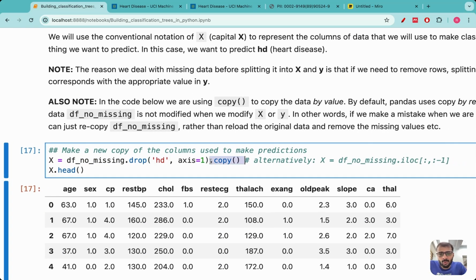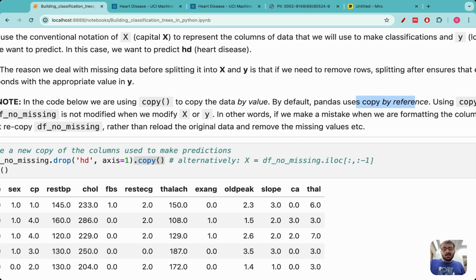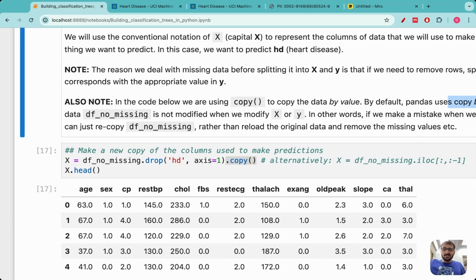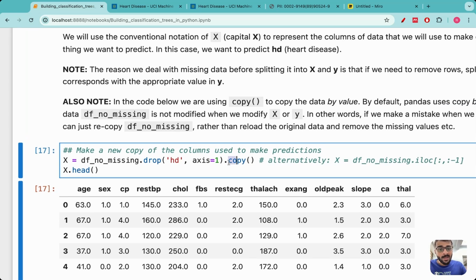It's very important to use this dot copy here, because if we don't use copy, then by default pandas will use copy by reference. And if you do copy by reference, it's a lot of trouble, because if you make changes in one variable, it will make changes in other variables also, so it's very difficult to keep track. It's always much better to copy the data by value instead of copying the data by reference.